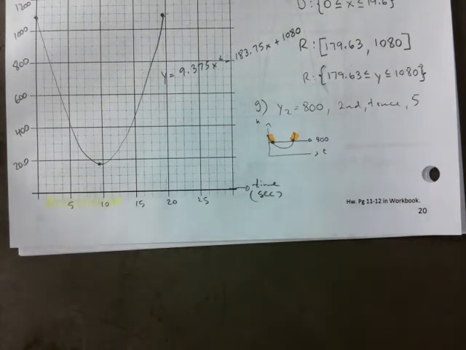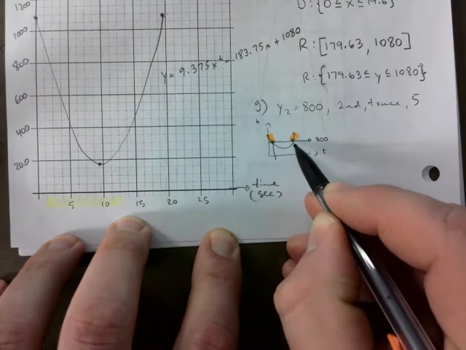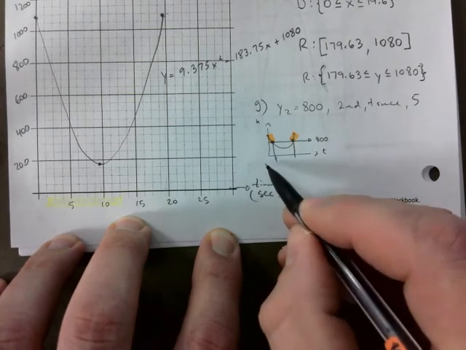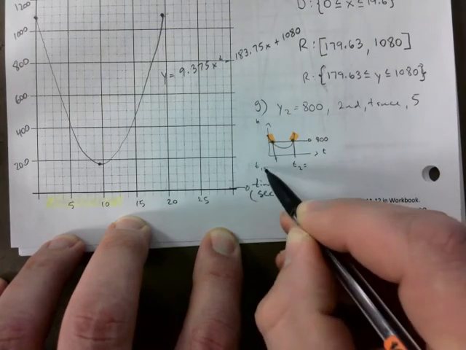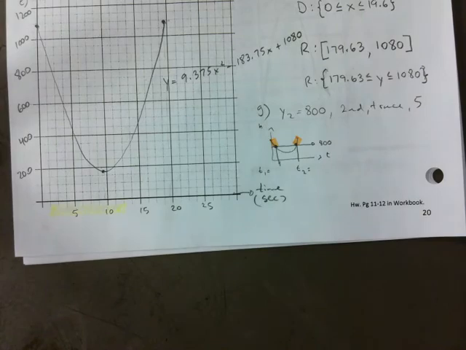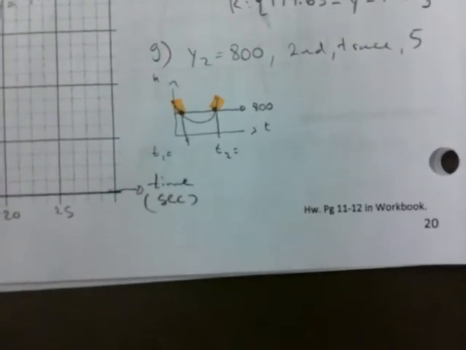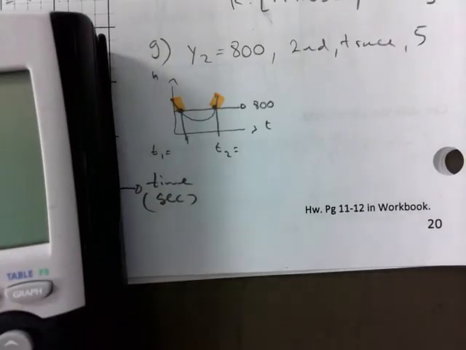So this is the easiest way that I know how to do it. I will find these two times, so just like before, time 1 and time 2. We're going to figure that out. So let's go ahead and do that. I'm going to zoom into that. In the meantime, let's go ahead and find that.